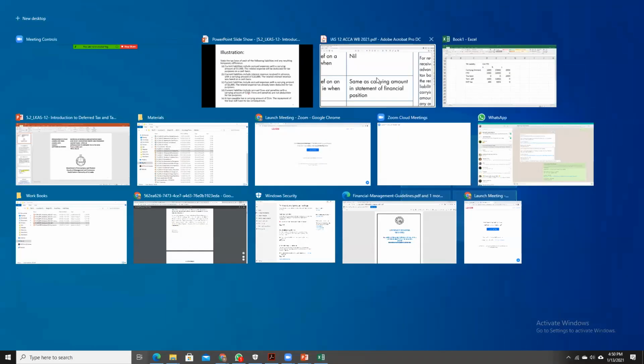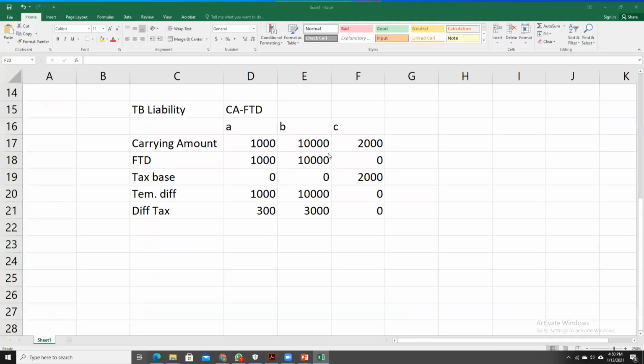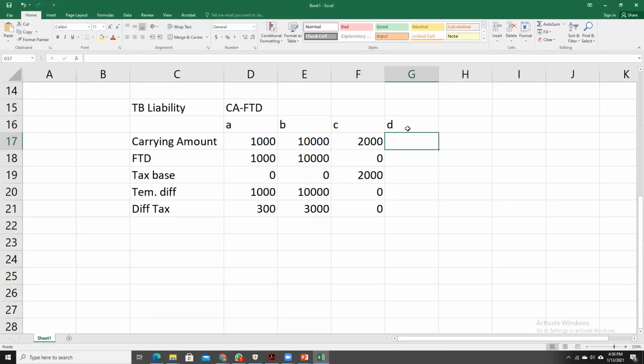Then carrying amount, how much? 100. Very good. And are there any future deductions? Whether the tax authority will consider the fine as an expense?